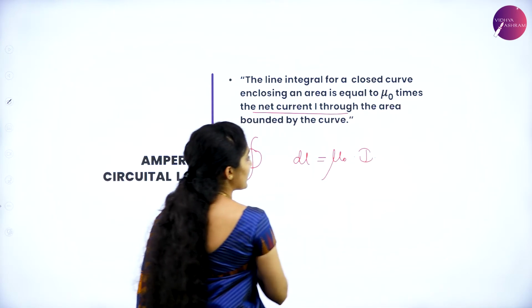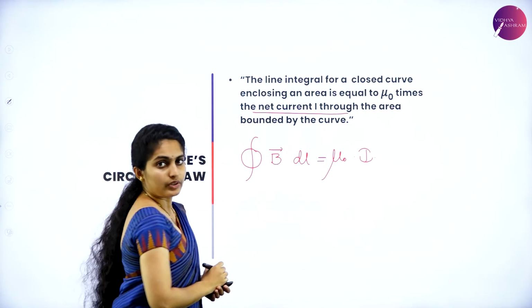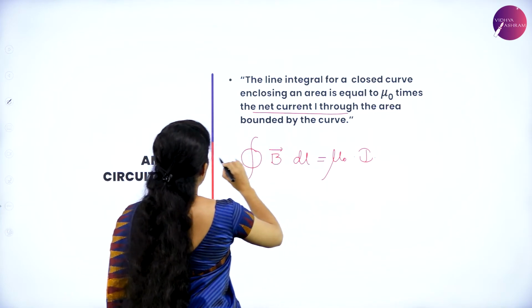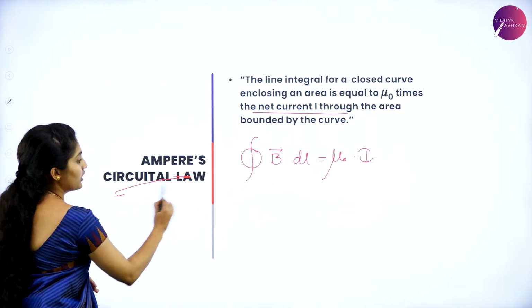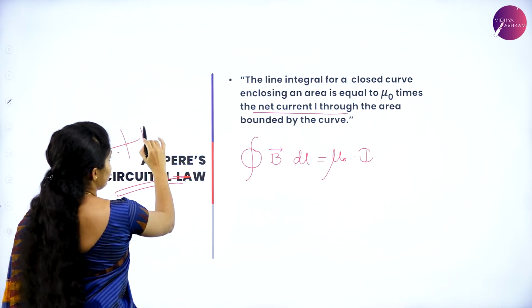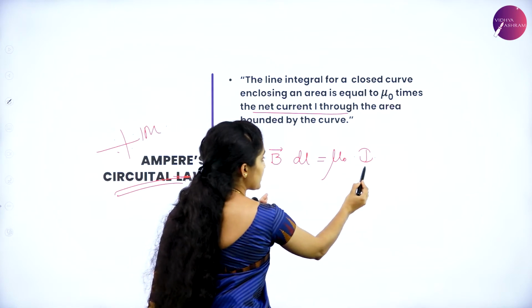The net current is called I, and B is the vector. This is the concept of Ampere Circuital Law, whose definition is very important for 1 mark. So what is this Ampere Circuital Law?